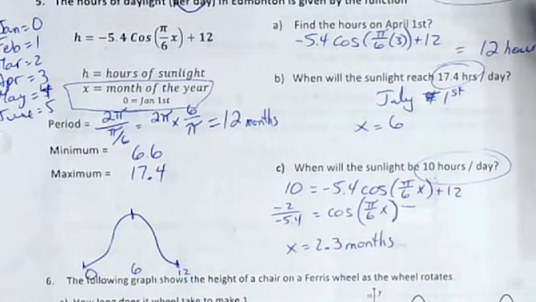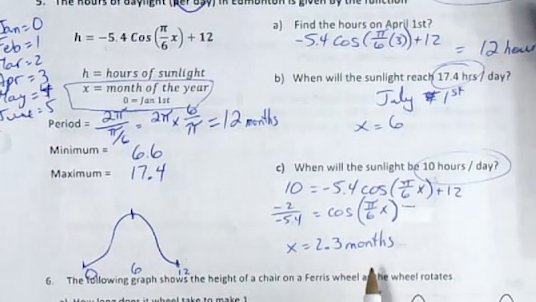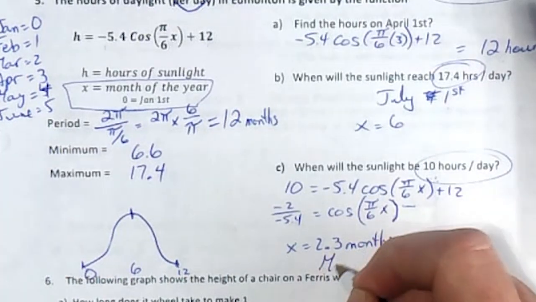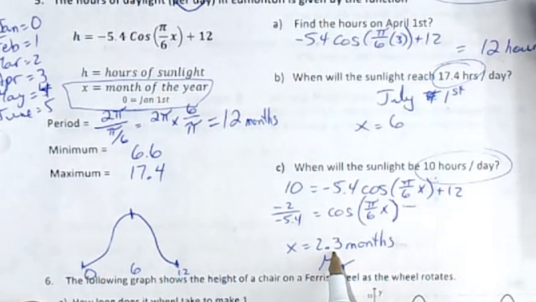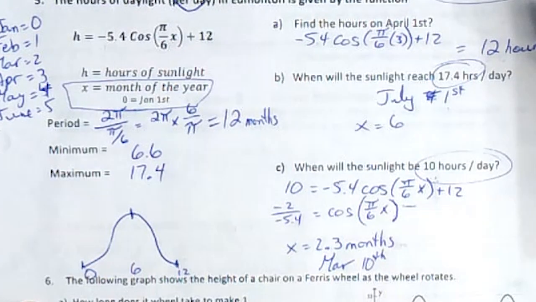So plug it into your calculator, you get 2.3 months, but keep in mind 2.3 is in March, not February. And 1/3 of the way through March, we're looking about March 10th, roughly.